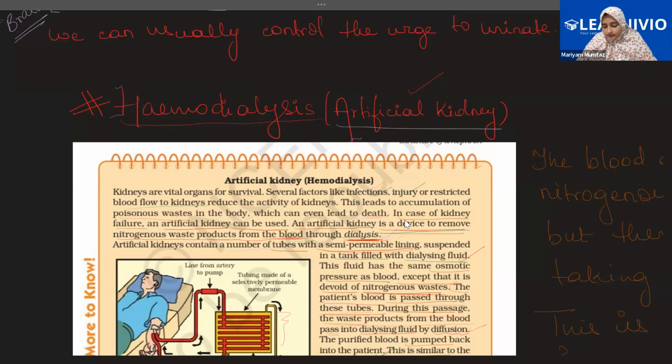The question is, if a person has undergone kidney failure and is doing hemodialysis, what is that one thing that will not happen even though he does hemodialysis? Think about the steps of urine formation.